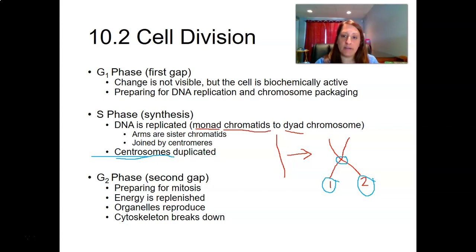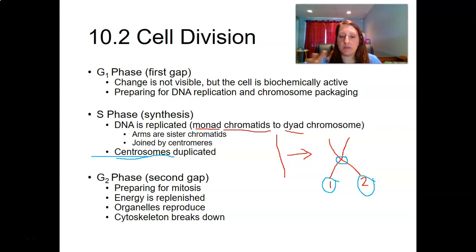The cell is going to need energy for mitosis, and so we're going to have cellular respiration, which we haven't talked about yet, going on to make plenty of energy that's going to be required for this process. And lastly, the cytoskeleton, which we did talk about already, that's going to be broken down. So a lot of the elements of the cytoskeleton are going to be required for mitosis, for the actual pulling of those chromosomes apart.